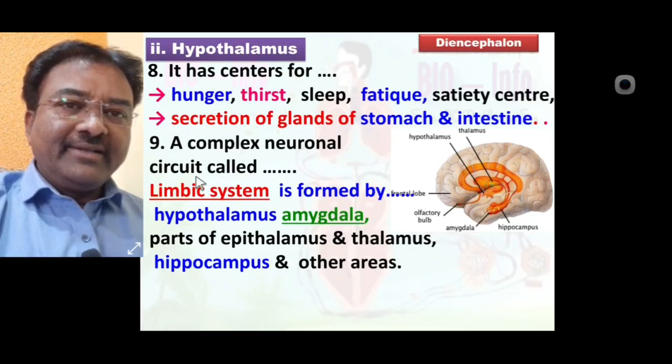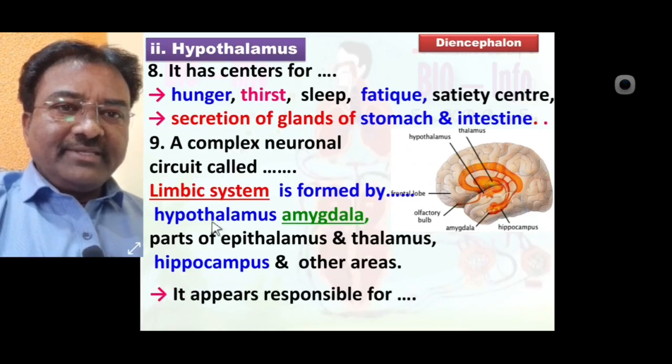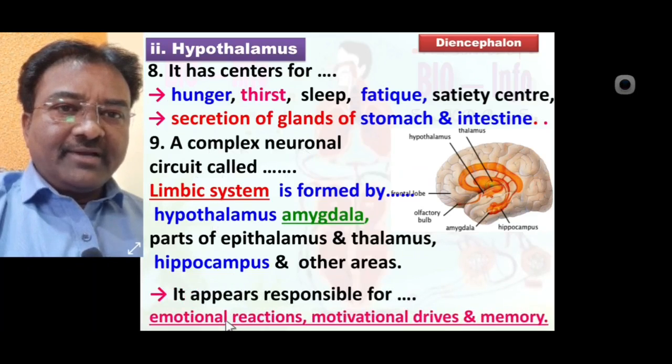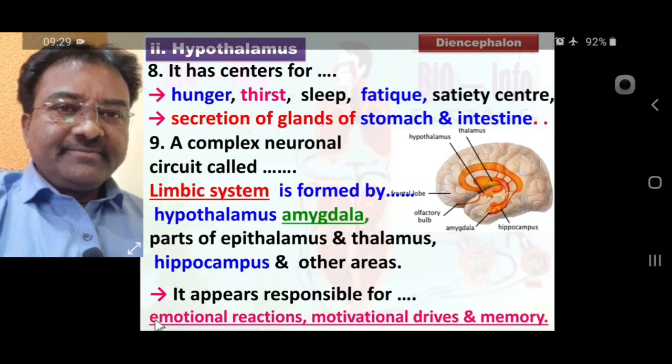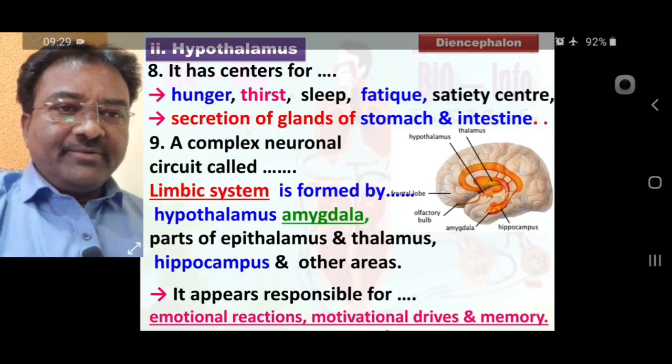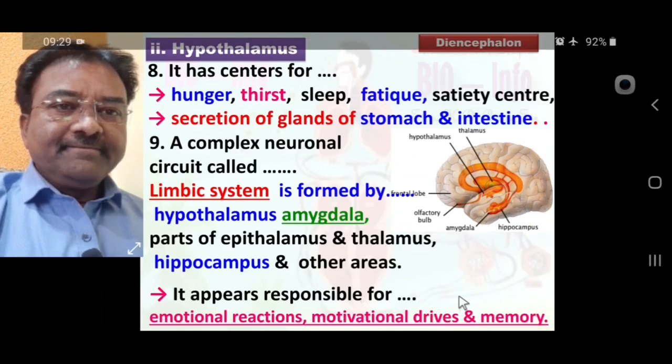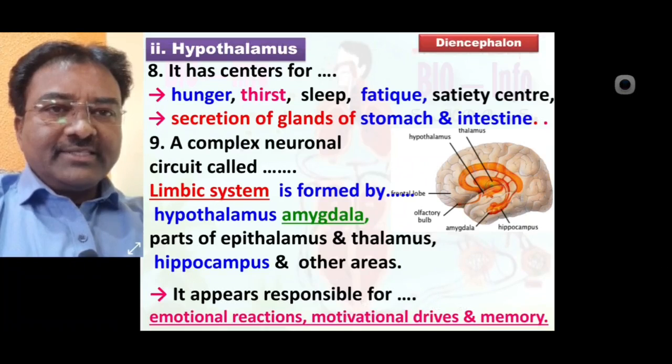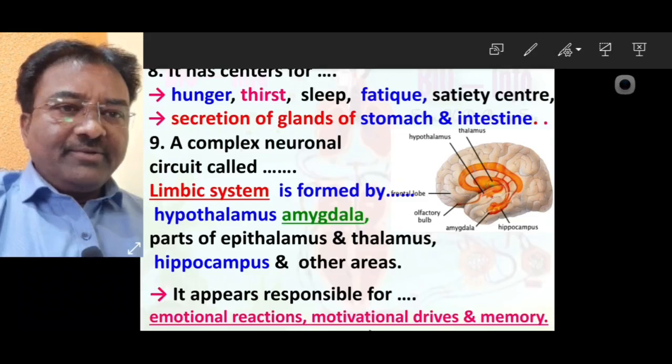Always remember, the limbic system is responsible for emotional reactions, motivational drive and memory.